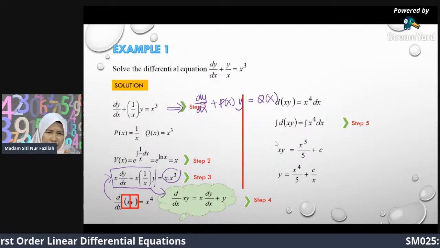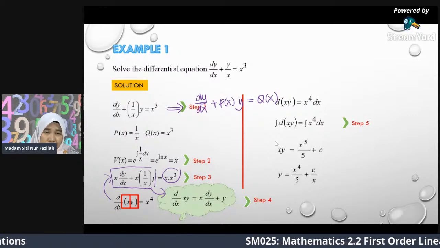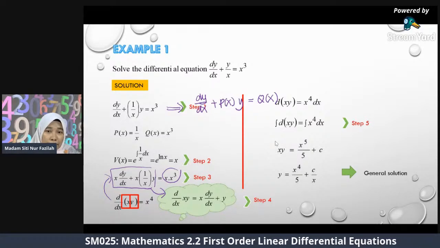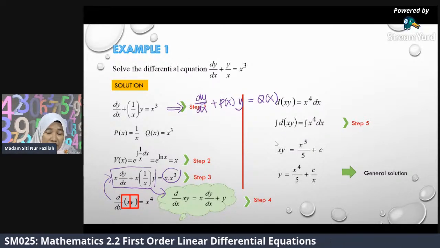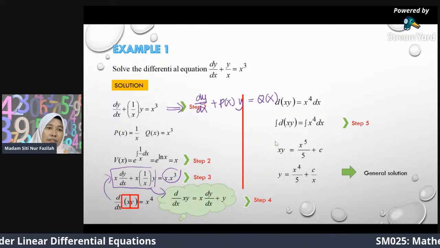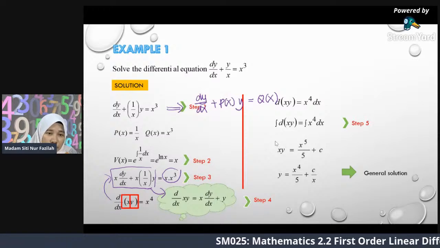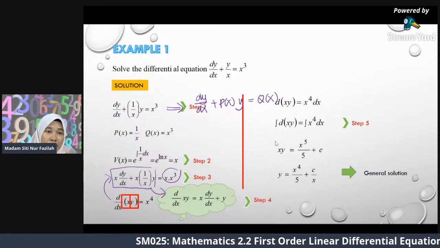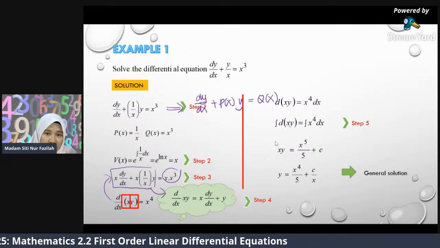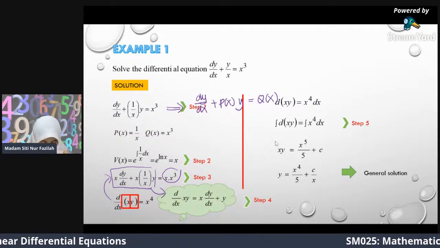We try to express y in terms of x as simply as we can. This we call the general solution. That's example 1. All the solution you must write down, you cannot skip any of the solution when using the integrating factor.